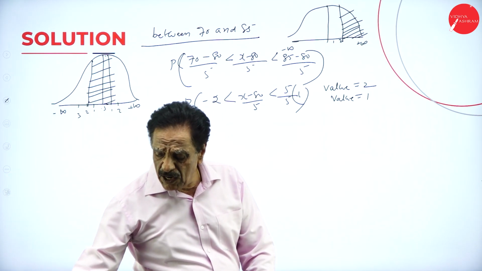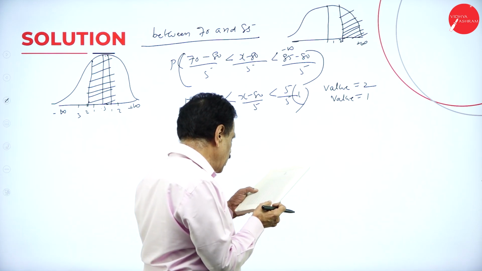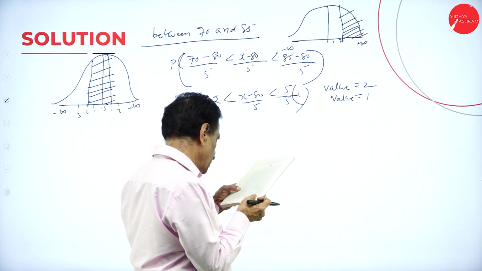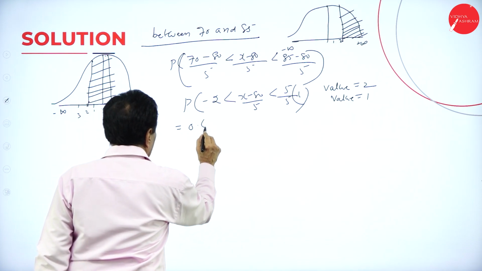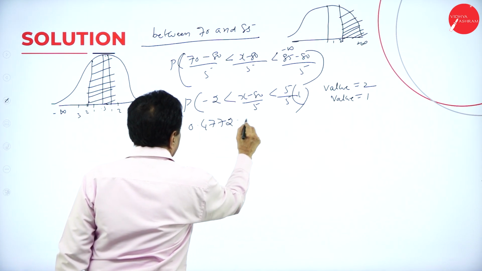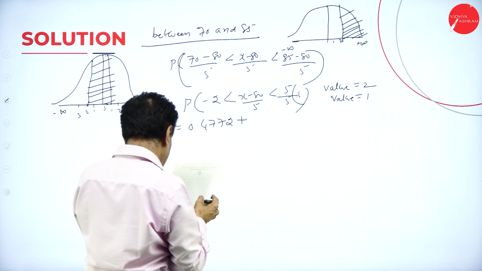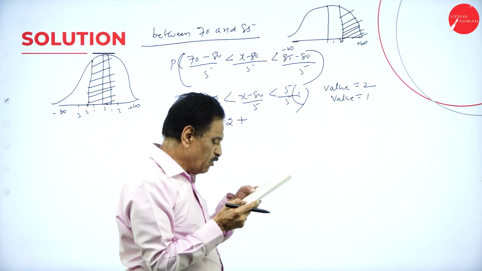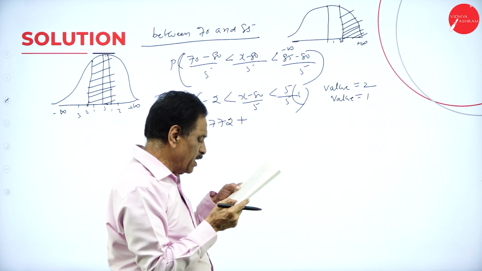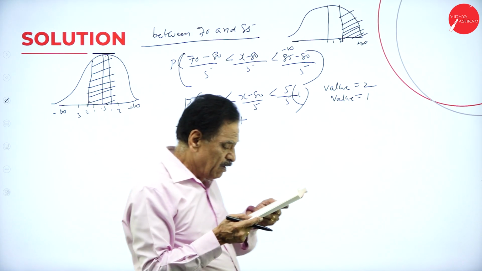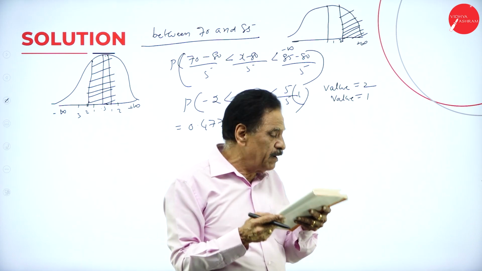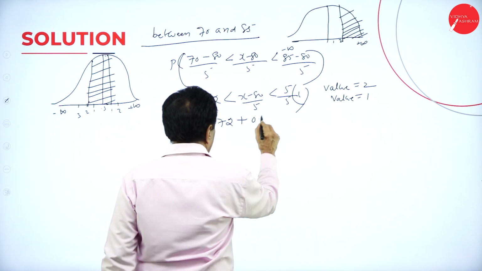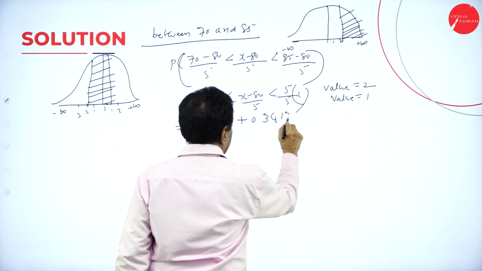What's the value of the 2? We already know that the value of the 2 is 0.4772, plus the value of 1, which is 0.3413.